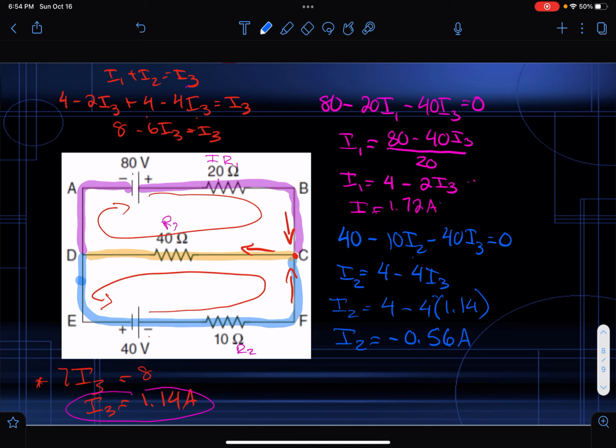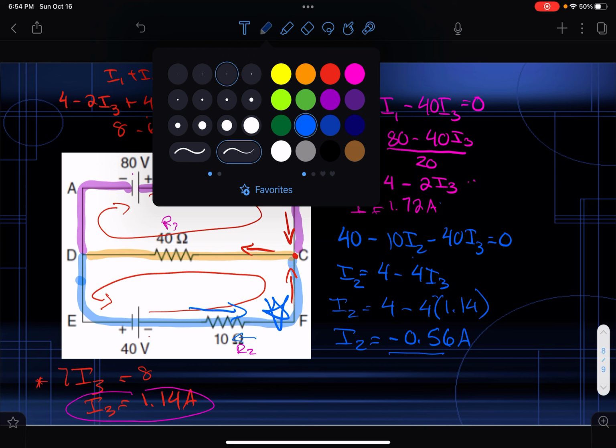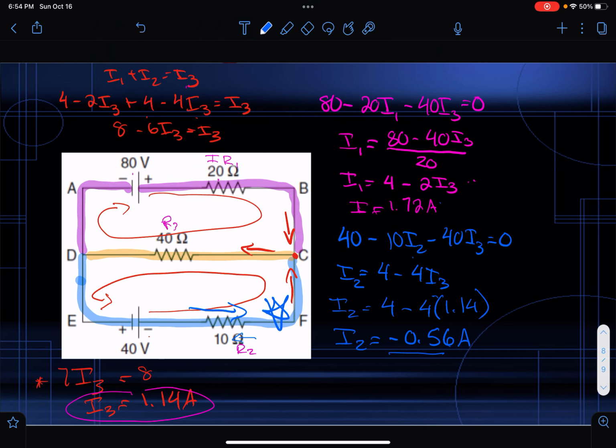All right, so what does that mean? That means I drew my second loop backwards. I drew it as if it was going like this, but this is telling me that my current is actually going the opposite direction. And that is completely fine. The reason that it is in the wrong direction is because of these plus and negative signs.